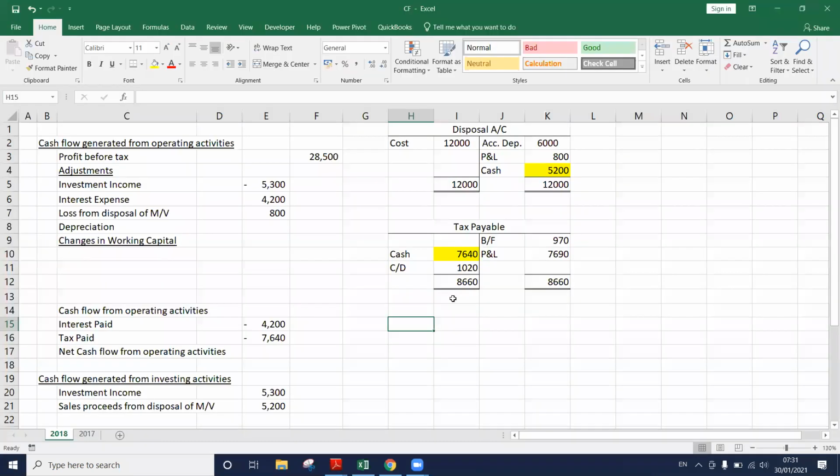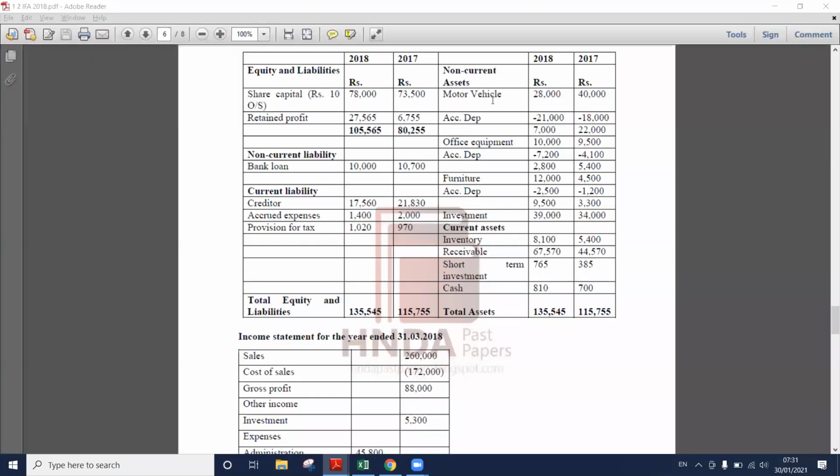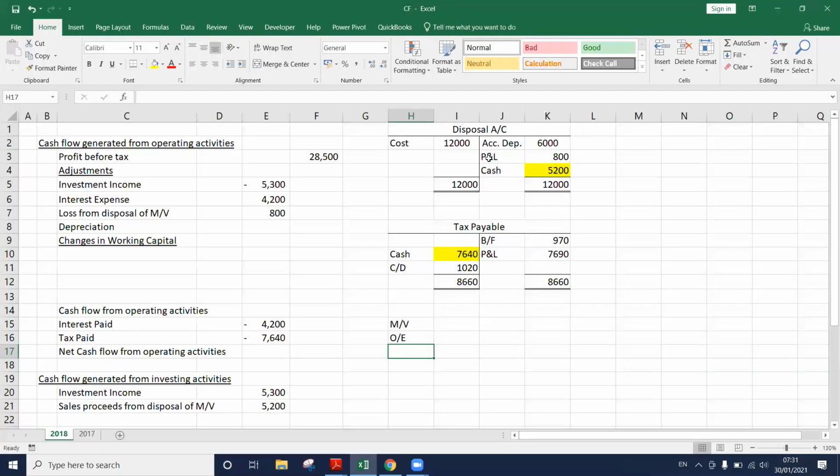So what are the assets we are having? We are having motor vehicle, office equipment, and furniture. Those are the three asset categories we are having, for 2018 and 2017.